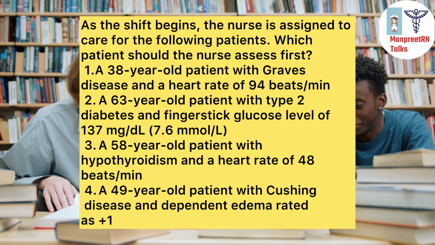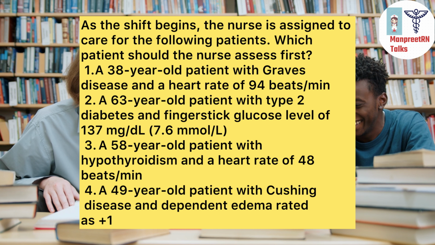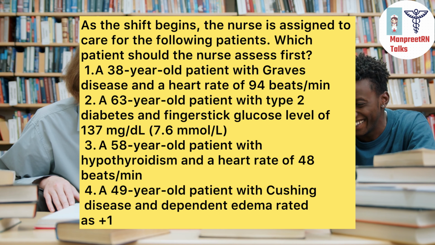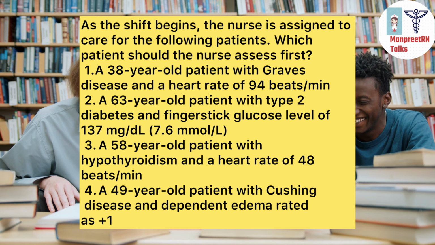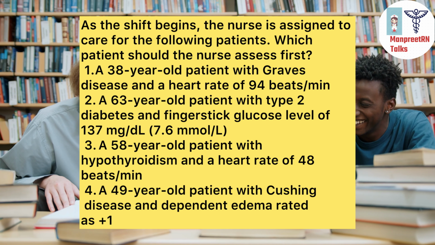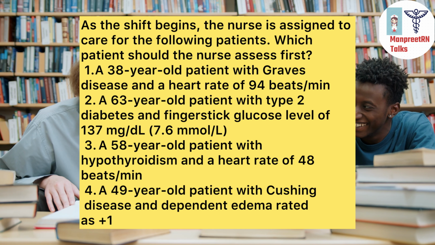Next question. As the shift begins, the nurse is assigned to care for the following patients. Which patient should the nurse assess first? So that is a prioritization question. Option A, a 38-year-old patient with Graves disease and a heart rate of 94 beats per minute. Second option, a 63-year-old patient with type 2 diabetes and a fingerstick glucose level of 137 mg per deciliter.